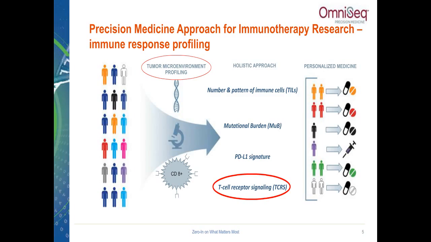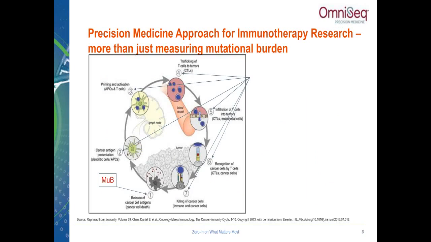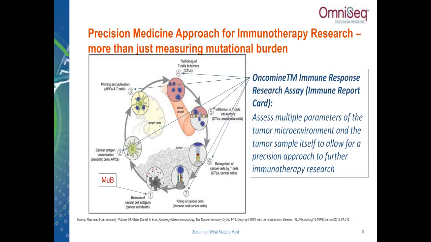So I think we've all seen this picture, a very famous picture by Genentech that describes the immune life cycle. And many people have focused on the first step in this immune life cycle, that is the destruction of neoplastic cells and the release of neoantigens, and that has been described pretty much as the mutational burden.